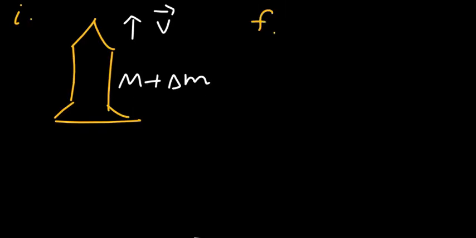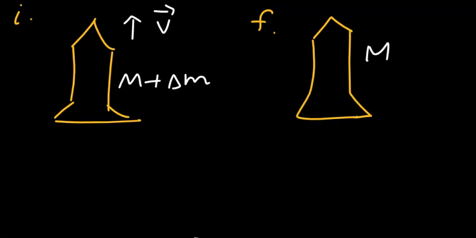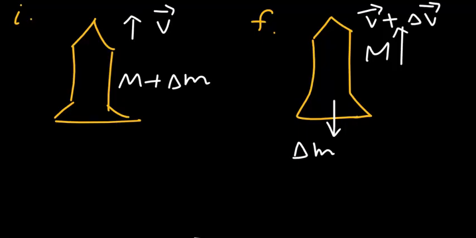At a slightly later time, the rocket's mass has been reduced to M, and an amount of fuel, delta little m, has been ejected. Because of that, the velocity of the rocket has increased by delta v. So the entire velocity of the rocket is v plus delta v.